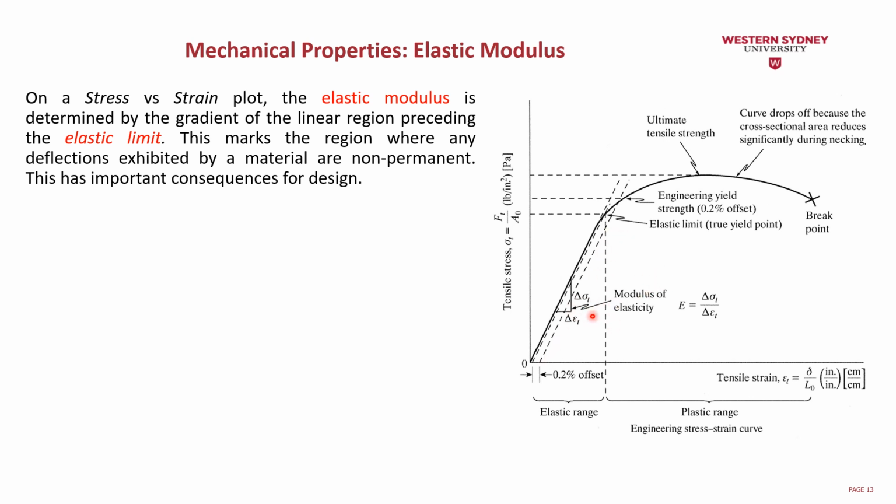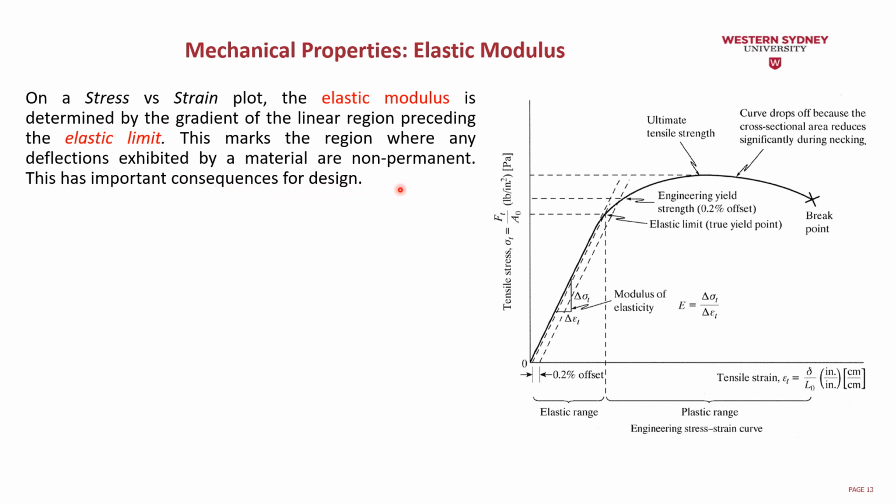So the modulus of elasticity is going to be equal to the slope of the curve we have in the elastic range. We can see it's equal to the stress change divided by the strain change. This marks the region where any deflection accepted by the material is non-permanent, and this has important consequences for design.